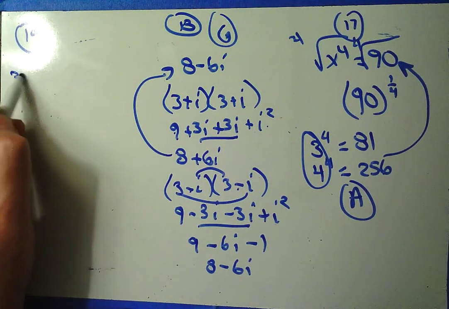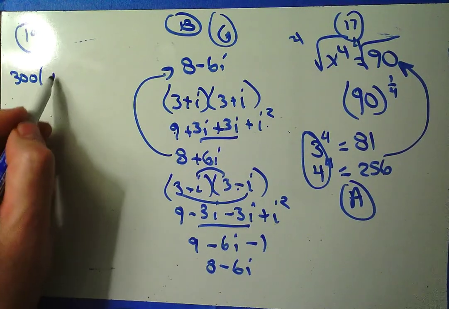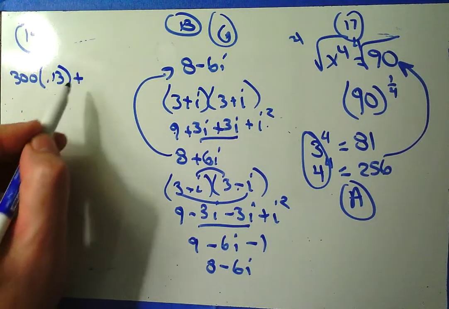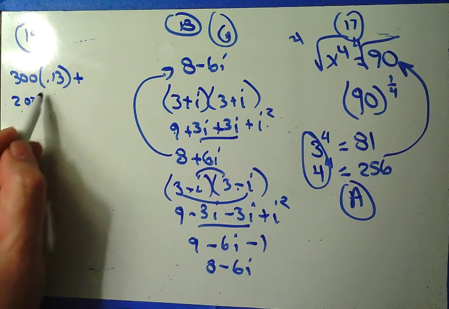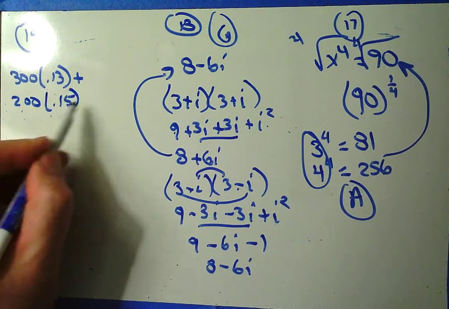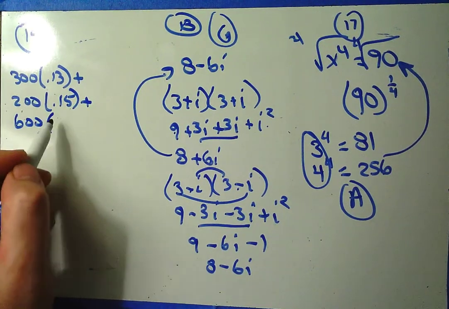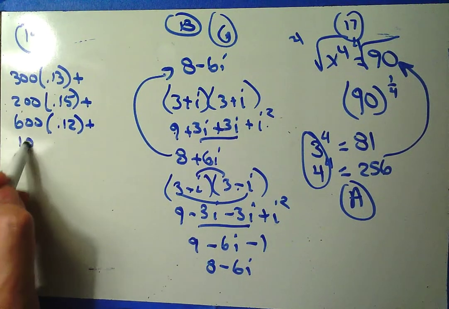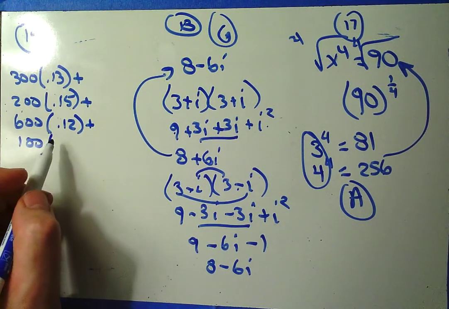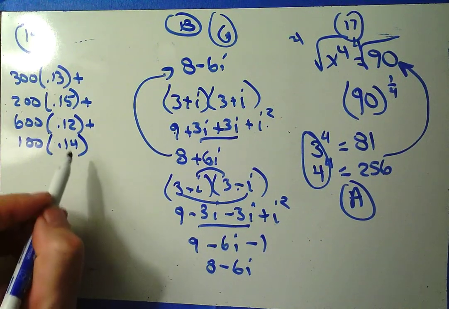So we know of the 300 people in marketing, 13% will leave likely, and of the 200 people in PR, 15% of them will leave, and of the 600 people in development, 12% of them will leave, and of the 100 people in recruitment, 14% of them will leave.